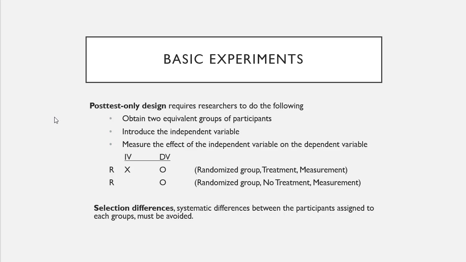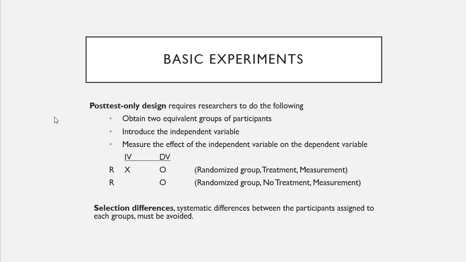It's some kind of super vitamin, probably doesn't exist. Let's say it does. And then we measure IQs at the end of it. And if the IQs of the group that had the pill or the treatment are significantly higher than those that didn't have any treatment, then we can say that the pill had some kind of significant impact on the study. That's good. We would have a significant result.